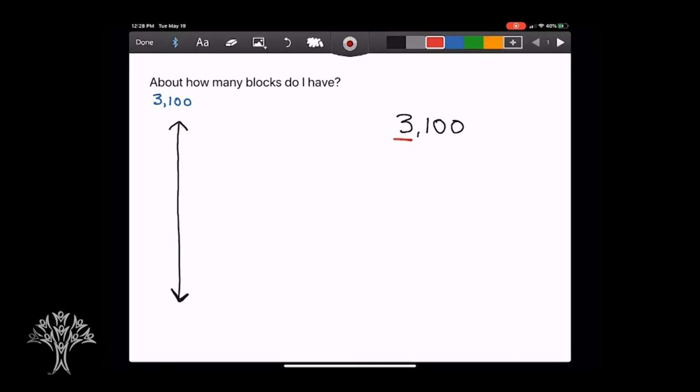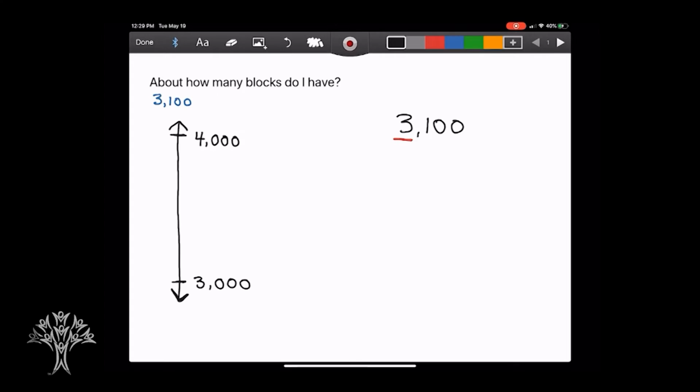So the bottom endpoint down here is actually going to be that thousand, so 3,000. So 3,100 happens to be in between 3,000, and then what is the next thousand up from that? That'll be our top endpoint. So it happens to be 4,000. 3,100 is in between 3,000 and 4,000.